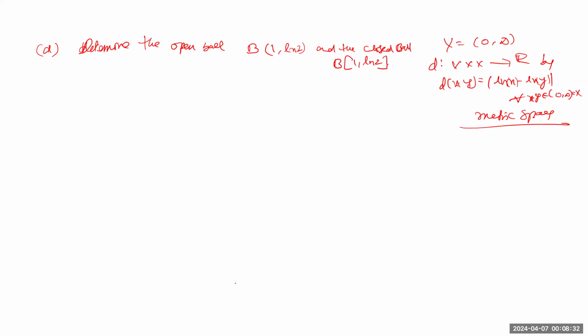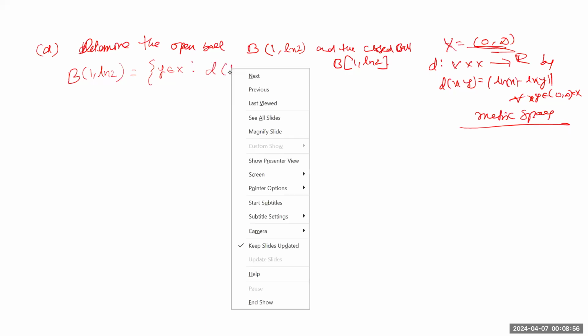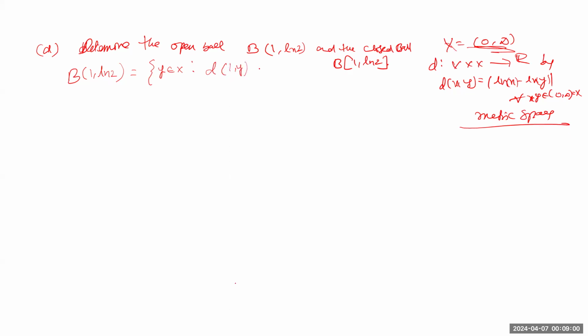So what is the open ball here? B of 1 comma ln2 is the set of y belonging to X, where X is (0, infinity), such that the distance from 1 to y is less than ln2.